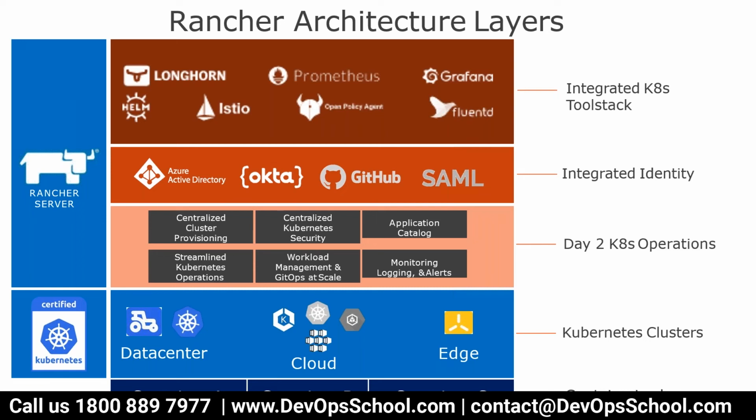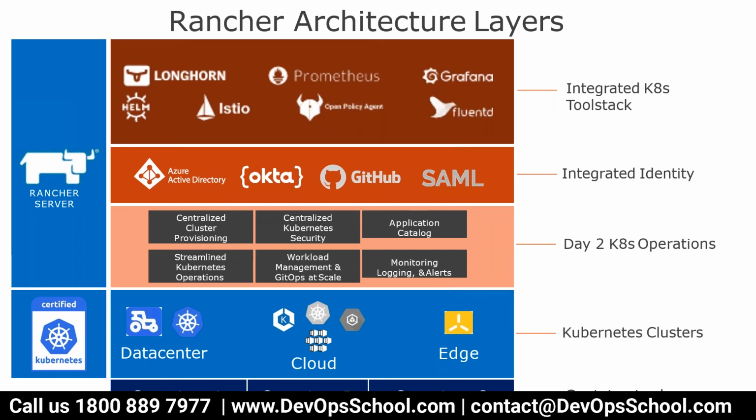The Rancher server components include centralized cluster provisioning, centralized Kubernetes security, application catalog, streamlined Kubernetes operations, workload management and GitOps at scale, monitoring, logging, and alerts. So all these things are a part of the Rancher server.